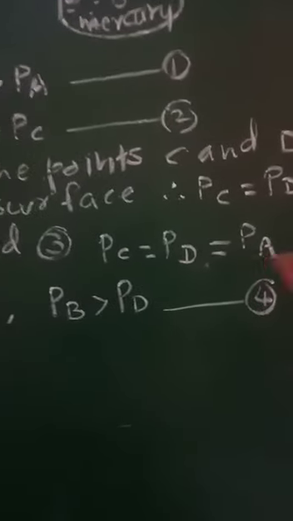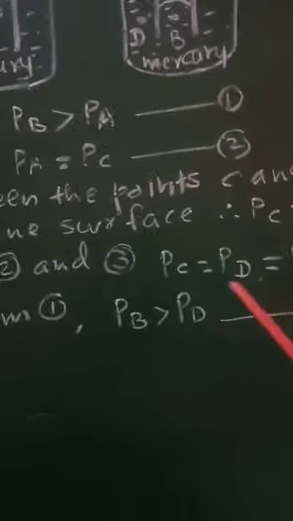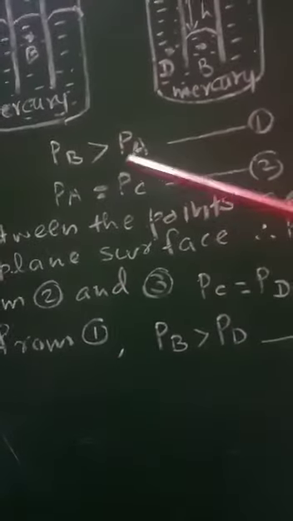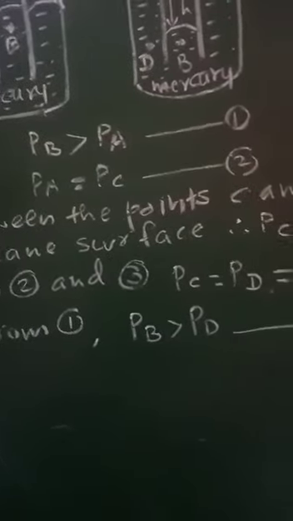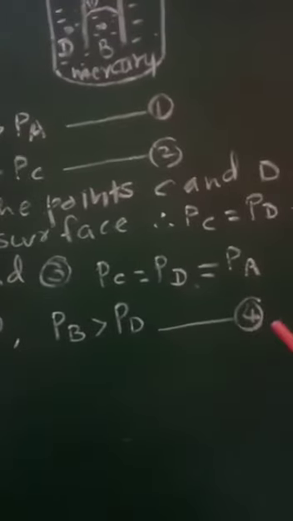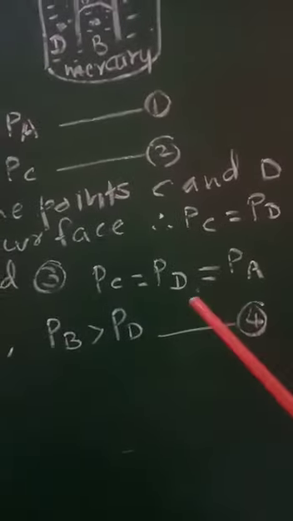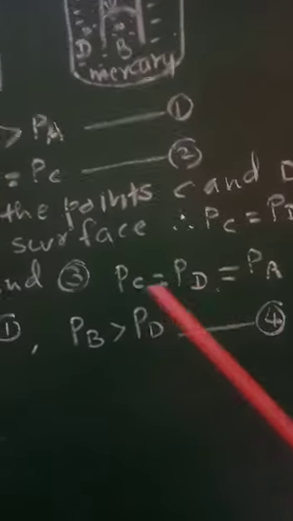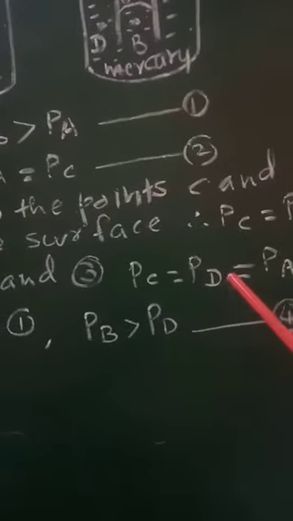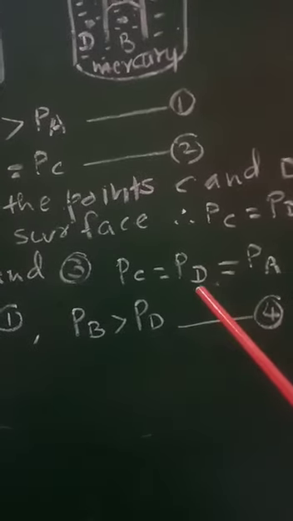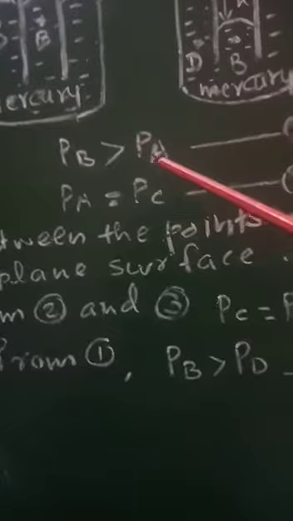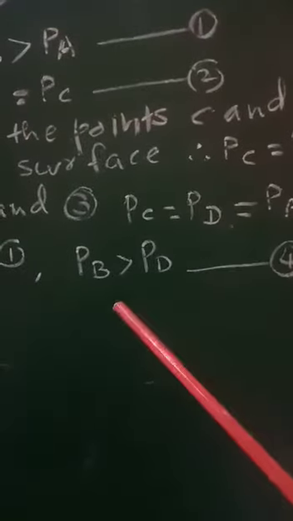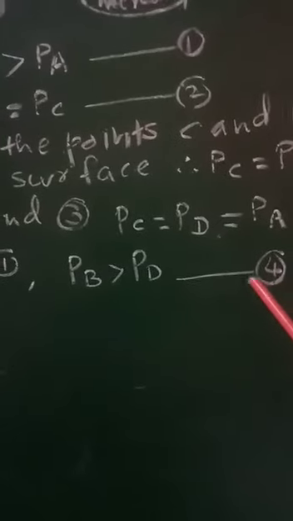Now if you compare this condition with equation number 1, as PB is greater than PA, but in this case PA is equal to PD is equal to PC, and therefore in place of PA we can write PD, and this condition will become PB greater than PD, equation number 4.